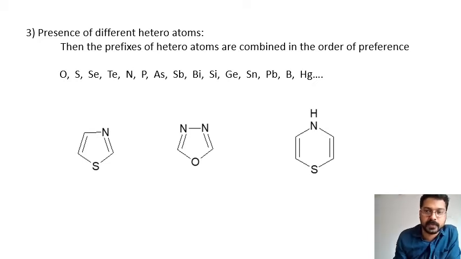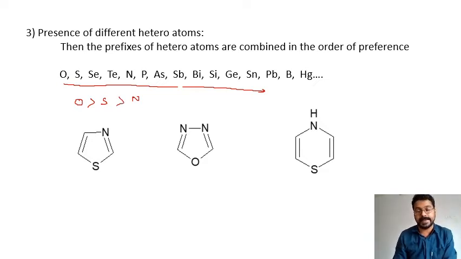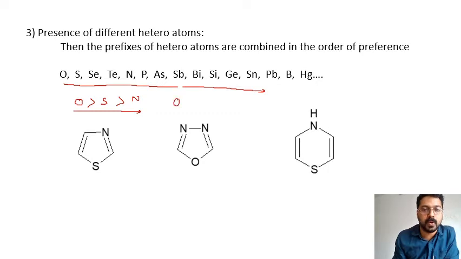So first preference is given to oxygen: oxygen, sulfur, selenium, tellurium, nitrogen, phosphorus, arsenic, antimony, bismuth, like that it goes on. So the order is O, S, N. Oxygen is the most important, then sulfur, then nitrogen. In the case of numbering, the order is OSN. You have to remember this one.